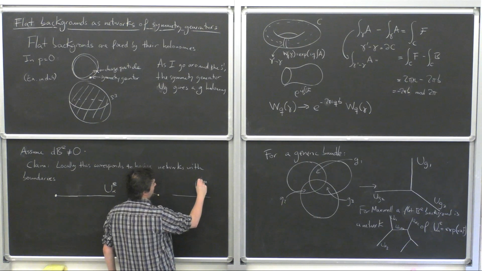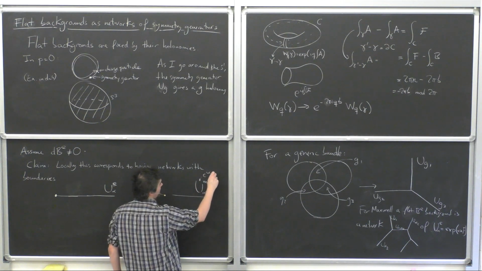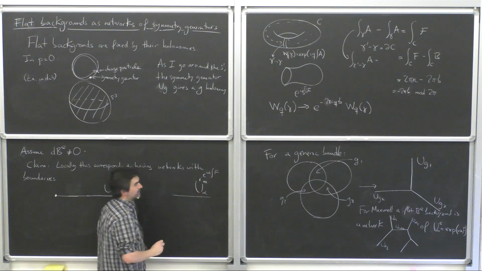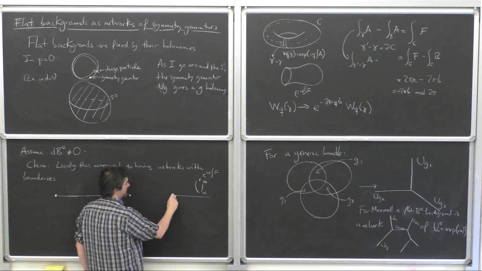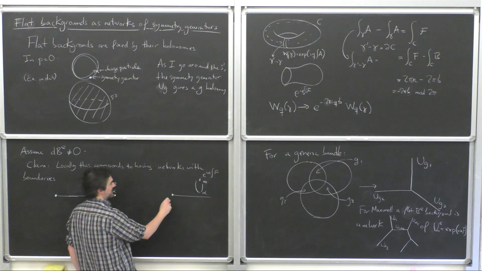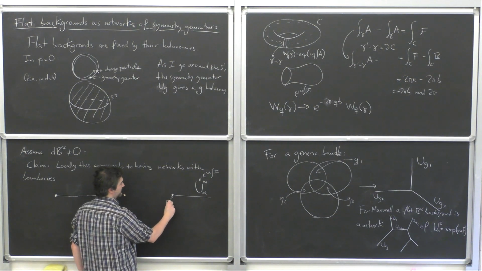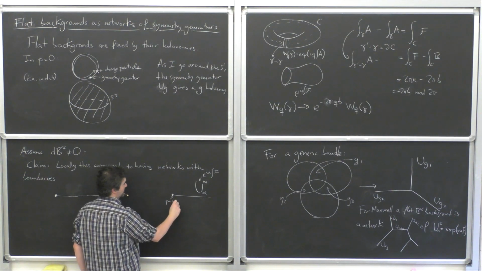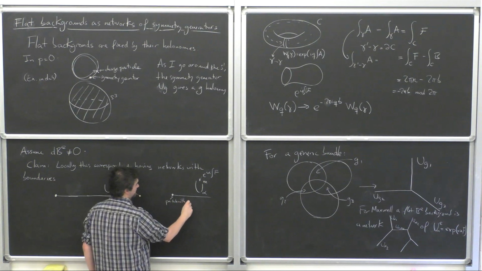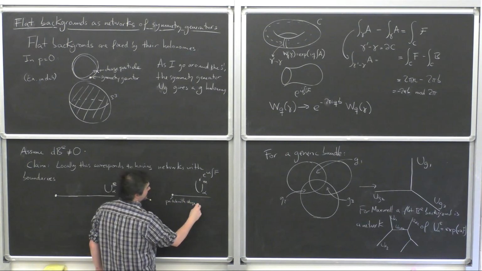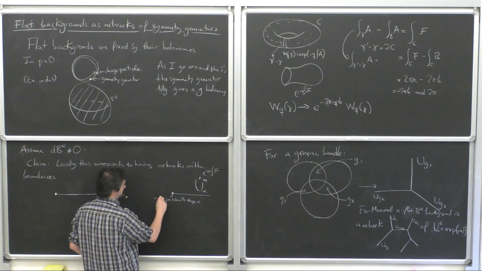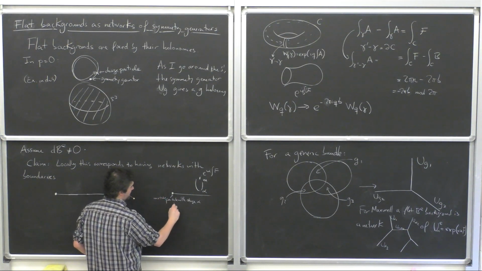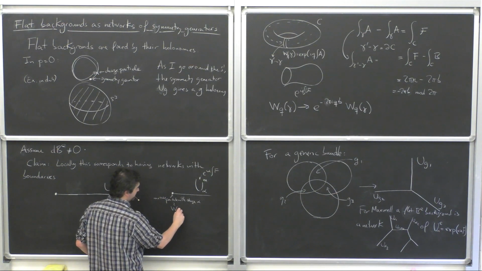Remember that this one was e to the i alpha integral of F. And basically by the Stokes theorem, we know that this can end on a particle with charge alpha. So a massive particle, so that means equivalently a Wilson line with charge alpha.